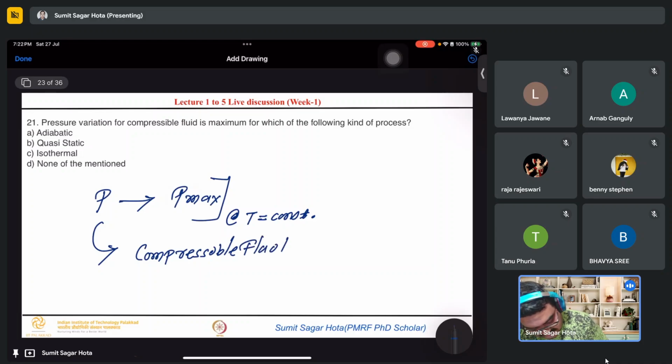That means we are not directly using the liquid fuels. Okay, we are pre-mixing with air, then we are using it as a fuel in the combustion chamber. So which means this is an isothermal process. Okay, so the answer is C.